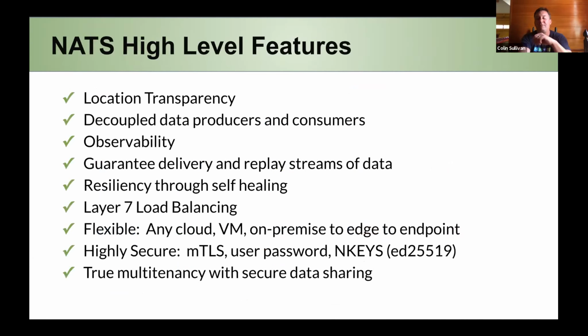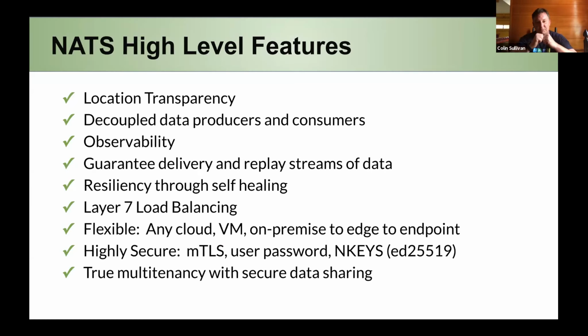So in high-level features of NATS, one of the things that we like to talk about is location transparency. So once you connect to NATS, it doesn't matter where you are. As long as you're connected to your NATS deployment, publishers and subscribers can be anywhere. They can move.